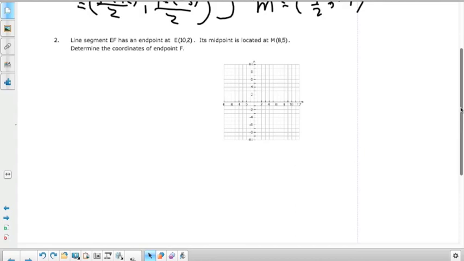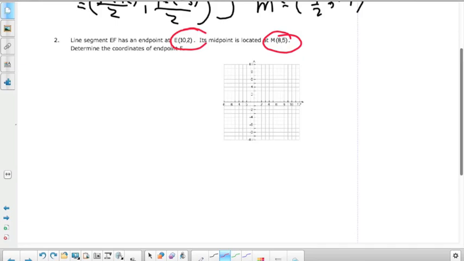We're given the midpoint of a line segment, and we need to find the other end. So here's the midpoint, and we have an endpoint here. So we just graph this.